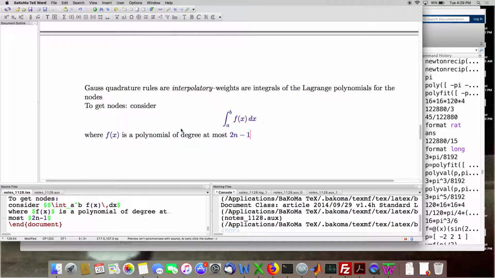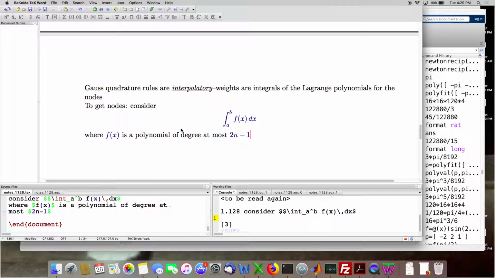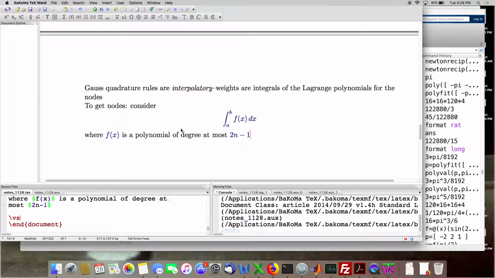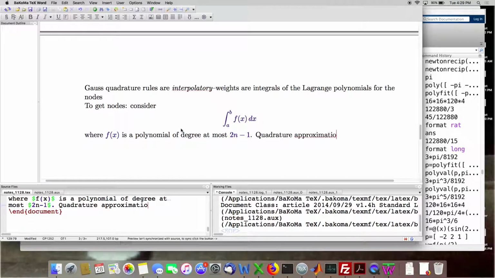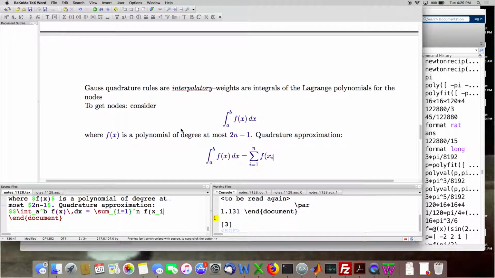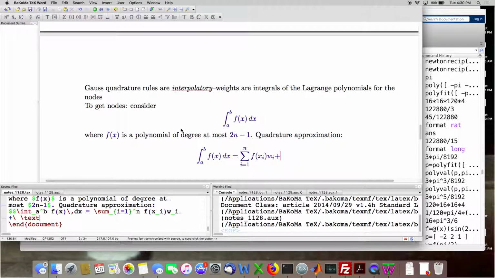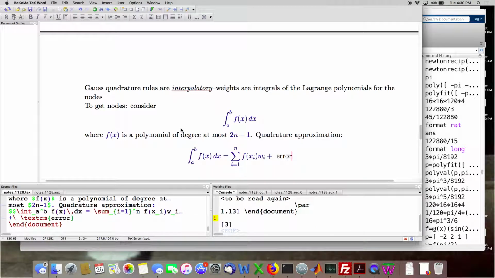All right, so it's a kind of polynomial that we ought to be able to integrate exactly. So our quadrature approximation has this form, using a generic quadrature rule, f of xi times the weights, plus some error.